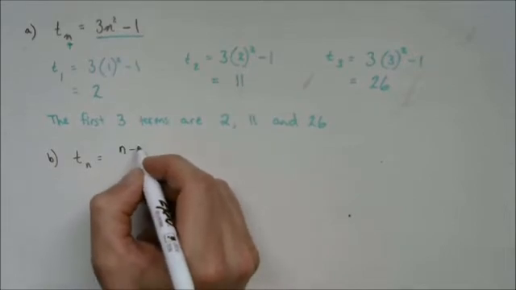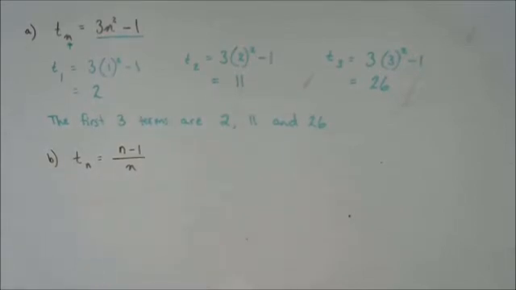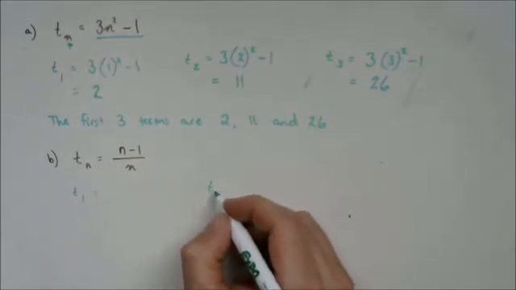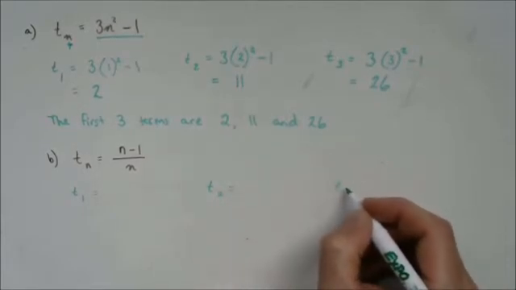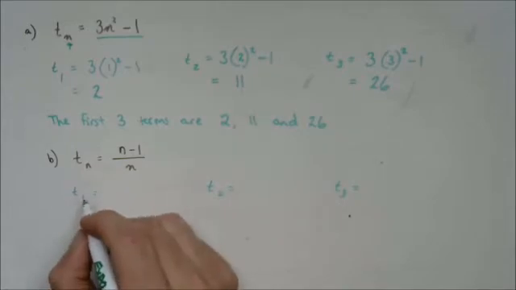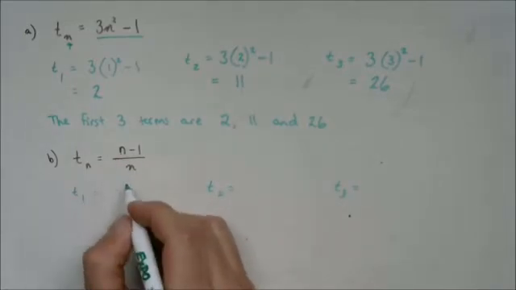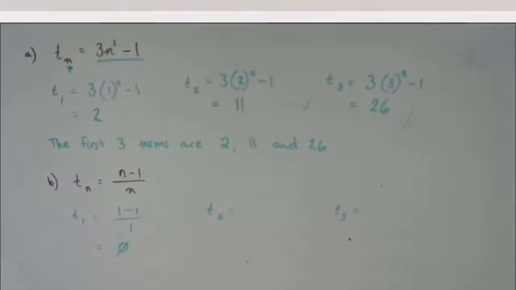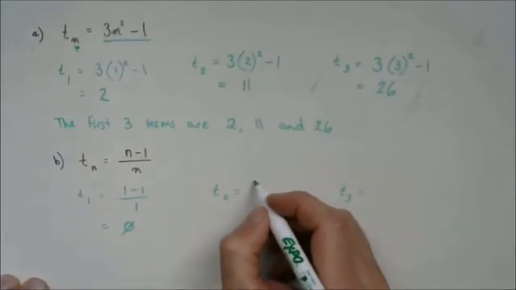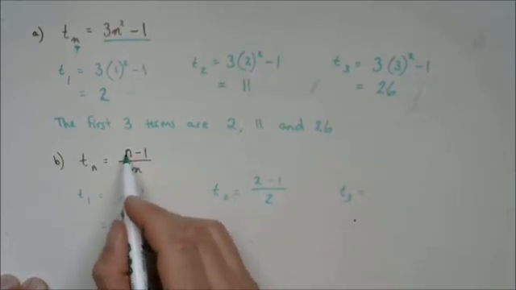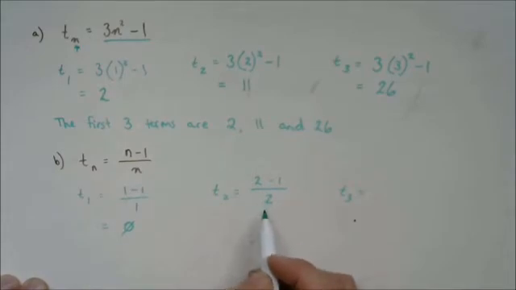So here we go. Here's another one. We've got n minus 1 over n. And we're going to find that out for the first term, the second term, and the third term. And again, we just substitute the value for n. We're told that we're looking for the first term, so n is 1. 1 minus 1 over 1, 0. So here for our second term, we have 2 minus 1 over 2. So I have the n in the numerator and the denominator, 2 and 2.